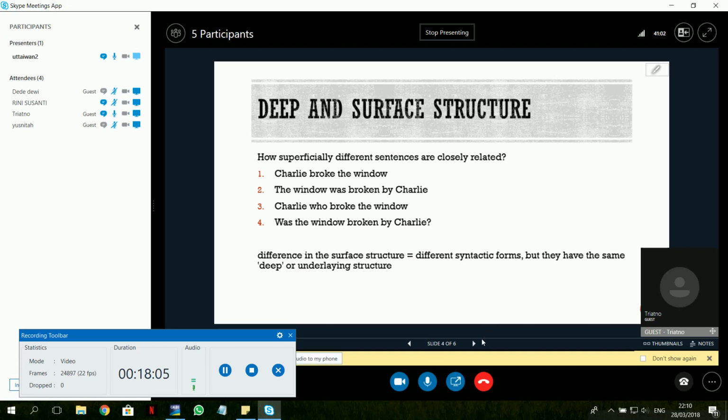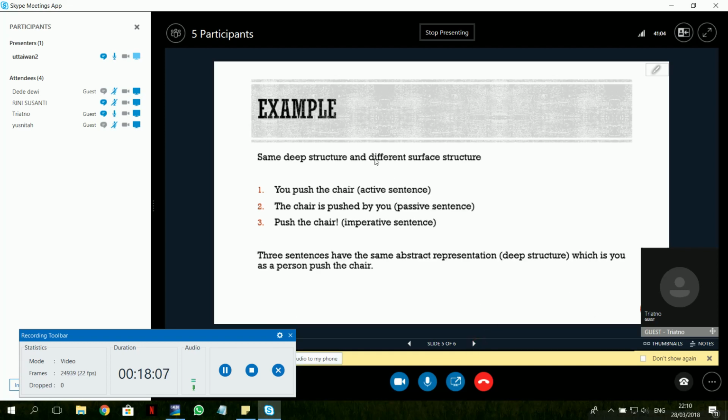Okay, next. This one, the example. Same deep structure and different surface structure. Ada yang bisa membacakan?